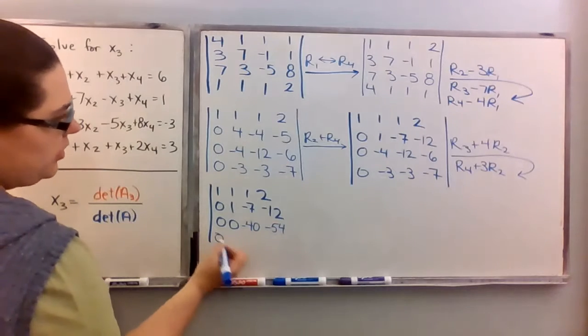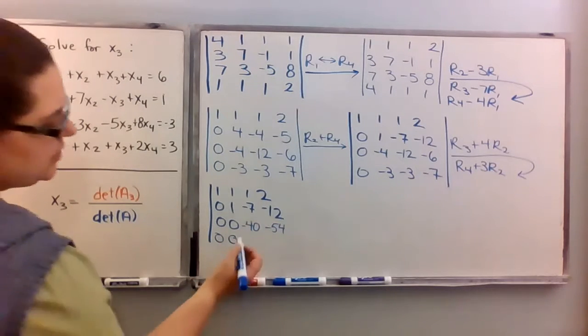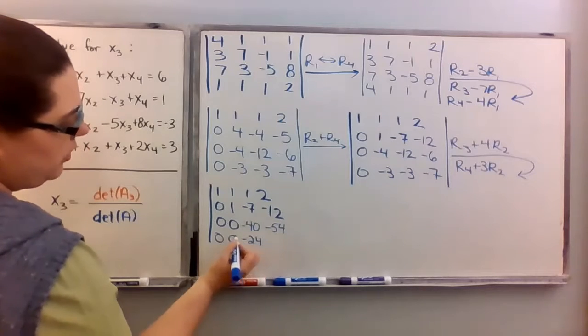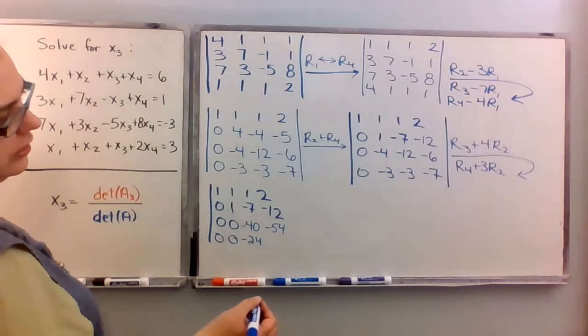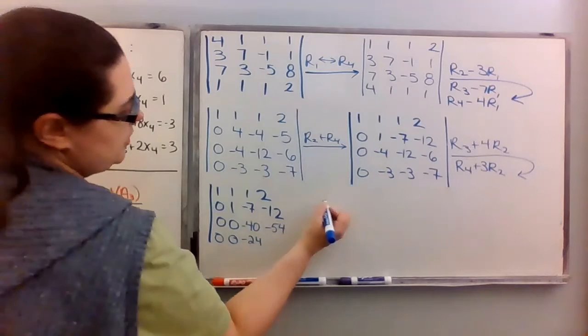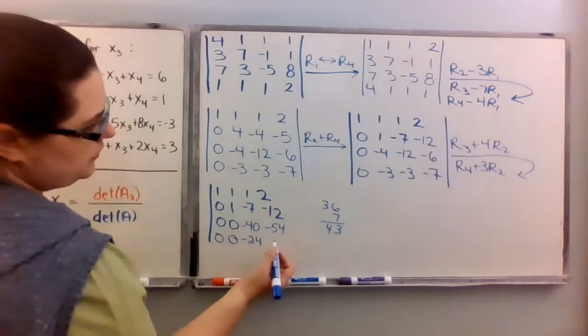Then I get 0. Negative 3 plus 3 is 0. Negative 3 minus 21 is negative 24. And then negative 7 minus 36 is negative 43.